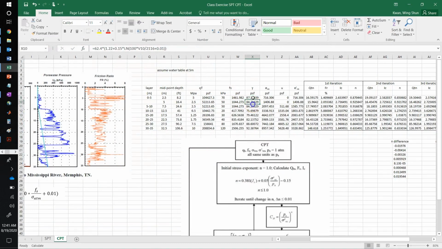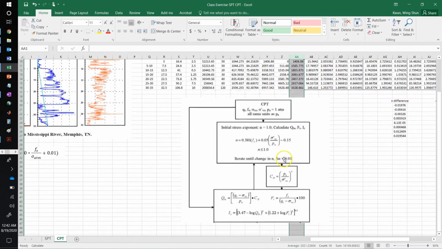So the calculation here is exactly the formula that I showed here. So with the sleeve friction, we can correlate that into the unit weight of the soils. With the unit weight of the soils, then we can calculate the vertical stress, the pore pressure, and also the effective vertical stress.